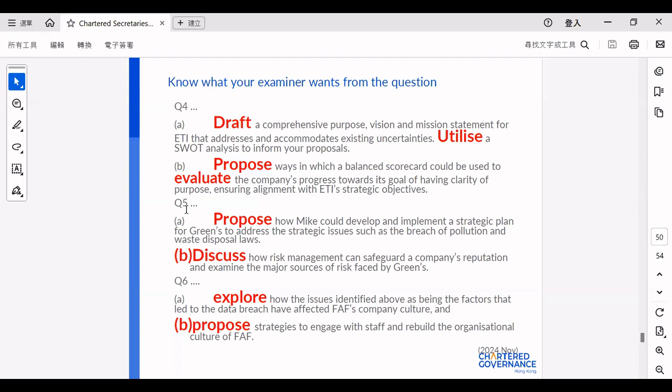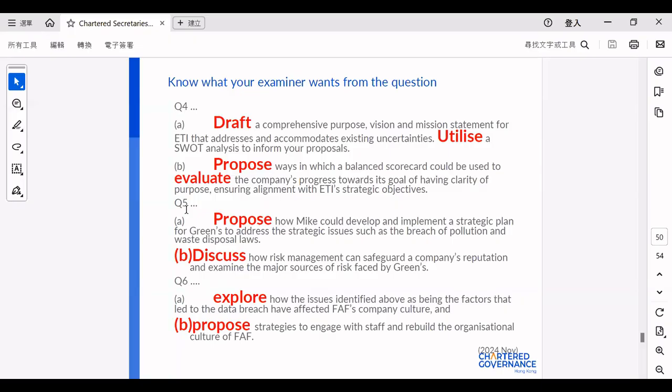So two things in here, propose ways. So when you say ways, there must be more than one way, several ways, all right? And to evaluate the progress means to assess whether the progress is on the right track or not, and things like that.